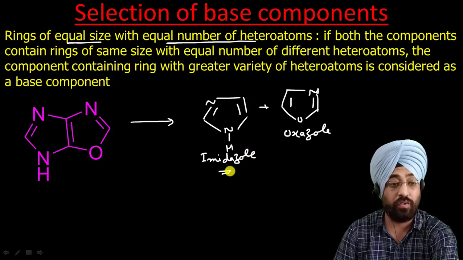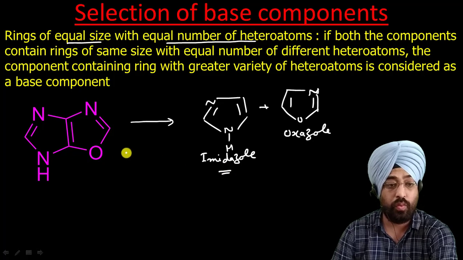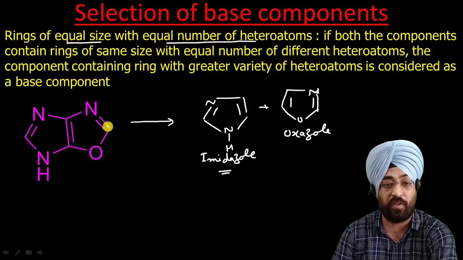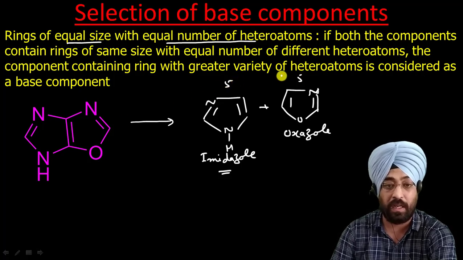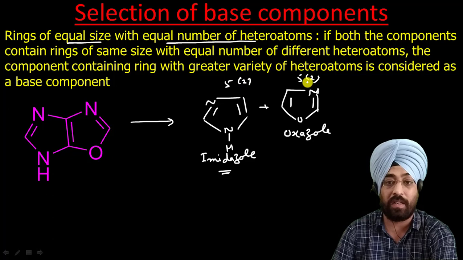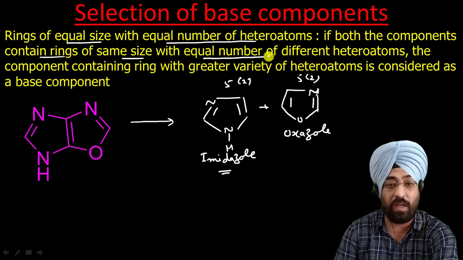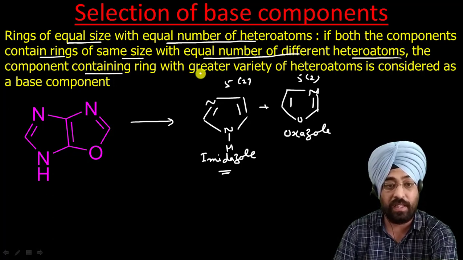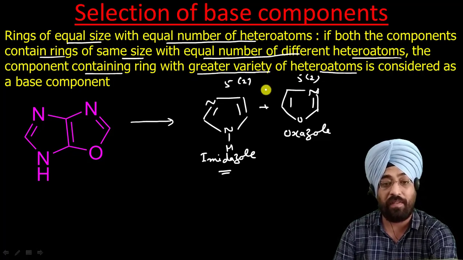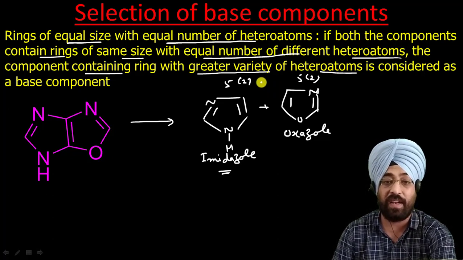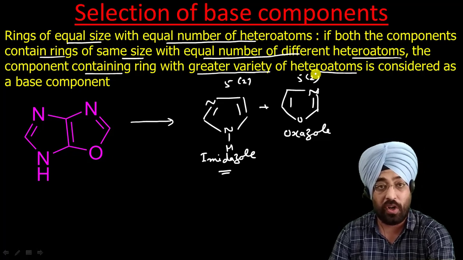Now what does this rule say? We have two rings with the same size and the same number of heteroatoms: 5-membered ring, 5-membered ring, two heteroatoms, two heteroatoms. Now it says that if both components contain a ring of the same size with an equal number of heteroatoms, we have to choose as the base component the ring which contains a greater variety of heteroatoms, meaning which has more types of heteroatoms.